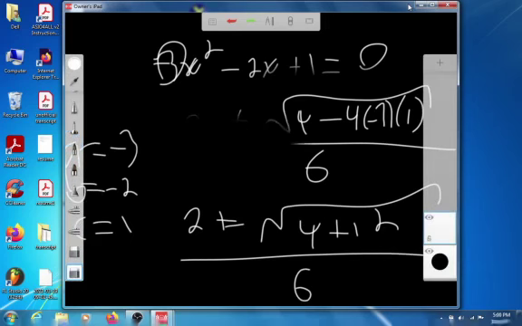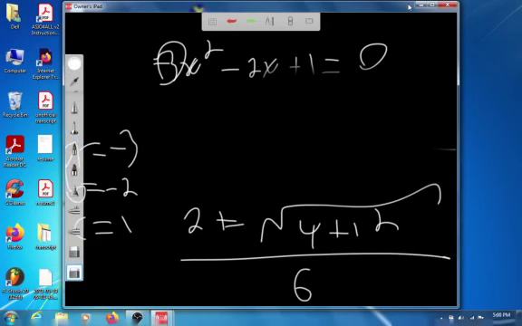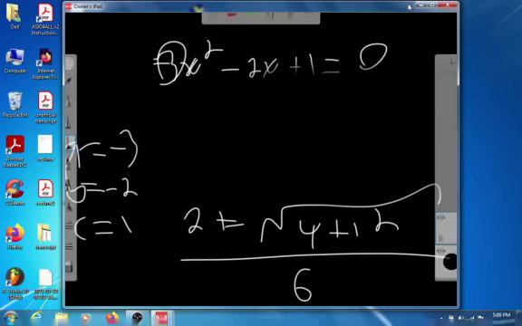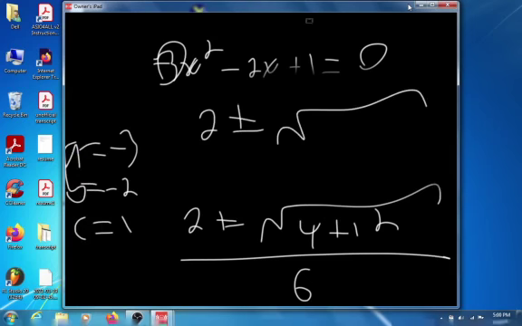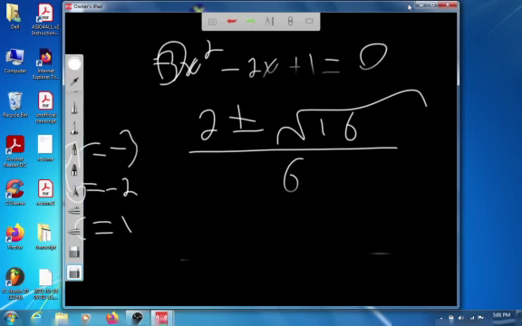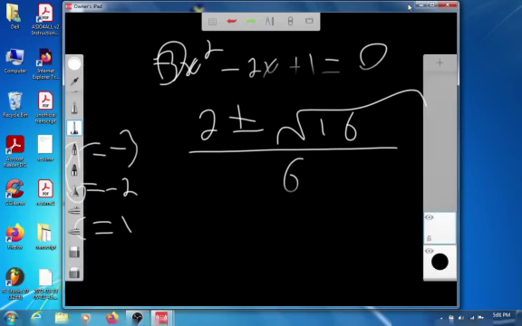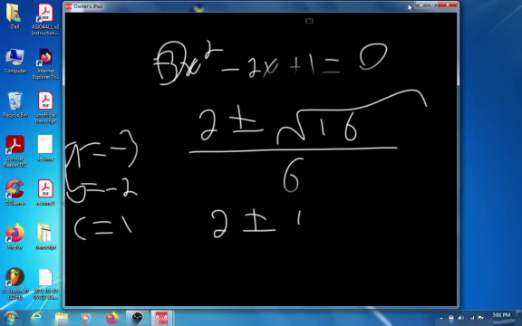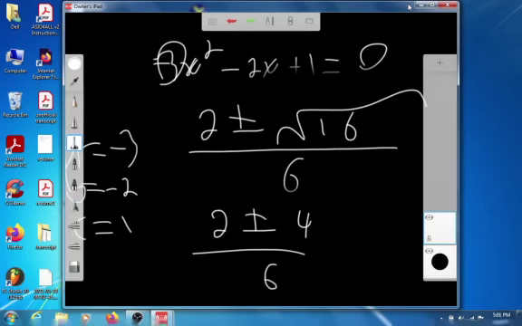Let's further simplify this. 12 plus 4 is 16, over 6. And the square root of 16 is just 4. So we have 2 plus or minus 4 over 6.